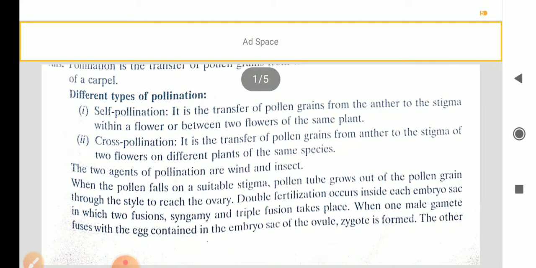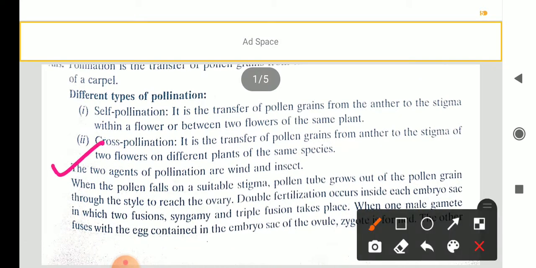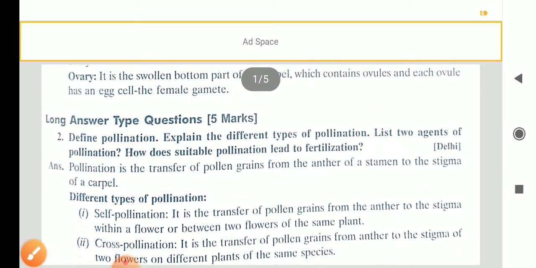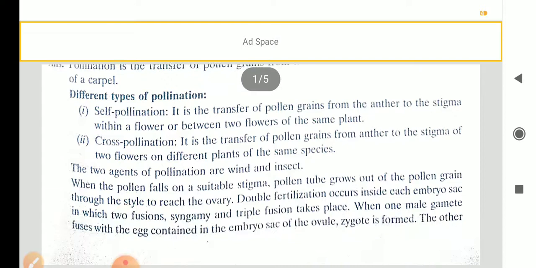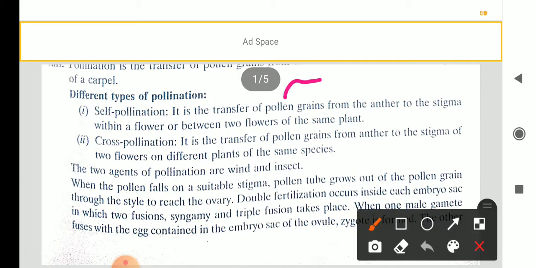Now next part, you have to give the names of two agents, so you can write any two. It may be wind, insect, water. Now the last part of the question, क्या पूछा है इसने, how does suitable pollination lead to fertilization? Yes, if the pollination is suitable and successful, then the pollen grains reach the stigma, and they swell up and the pollen tube starts growing inside.